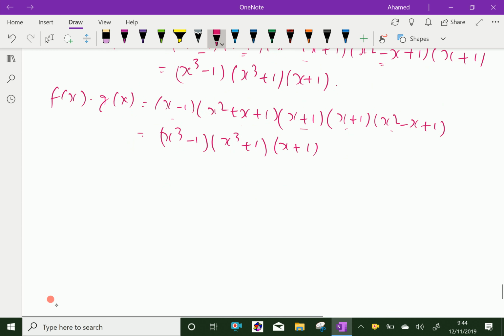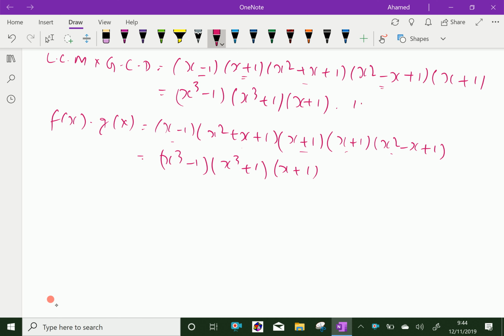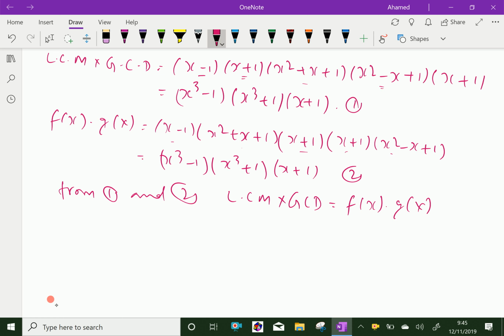Let this be 1, this is 2. From 1 and 2 we can say LCM into GCD equal f of x into g of x.